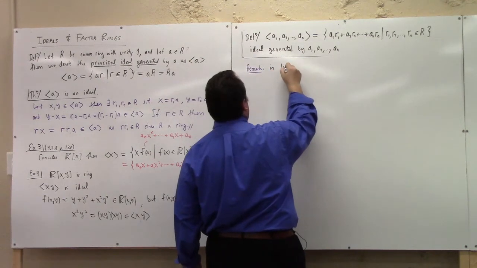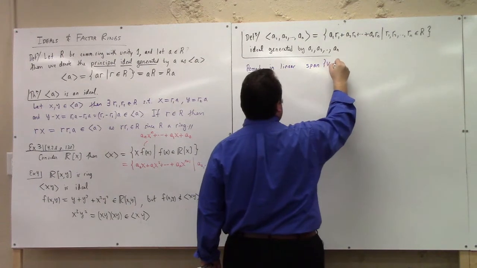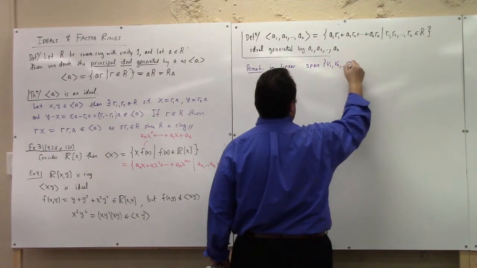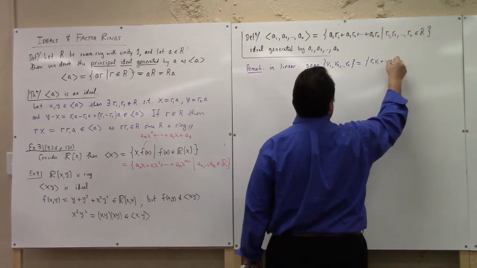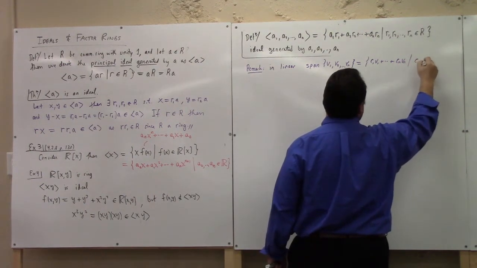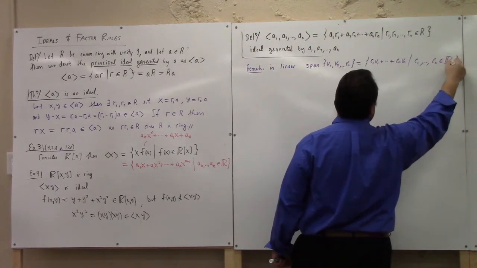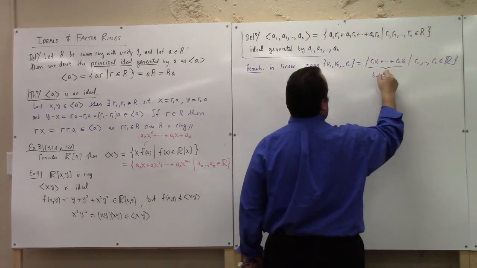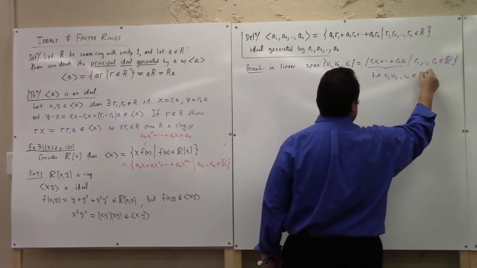In linear algebra, if I have something like the span of vectors v1, v2, through vn, then that is c1 v1 + ... + cn vn, such that c1 through cn, let's suppose we're looking at a real vector space, are real scalars. But v1, v2, ..., vn are elements of the vector space V, right?